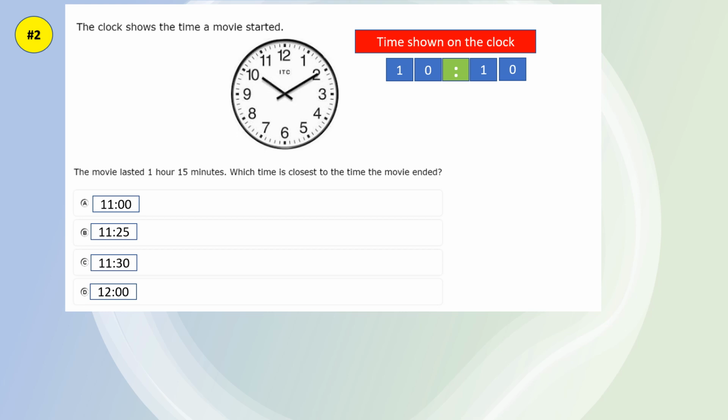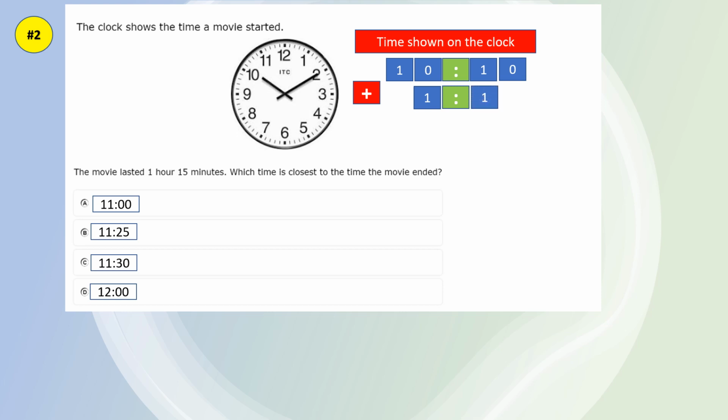Now, the movie lasted 1 hour, 15 minutes. Now, since we know that the movie lasted 1 hour, 15 minutes, we're going to write a 1 on the same side as our hour of 10, okay? So we're going to add 1 hour. Notice I keep my numbers lined up, 1 hour, and I write my colon, and 15 minutes.